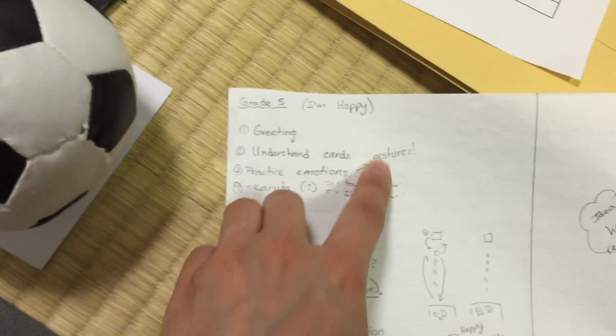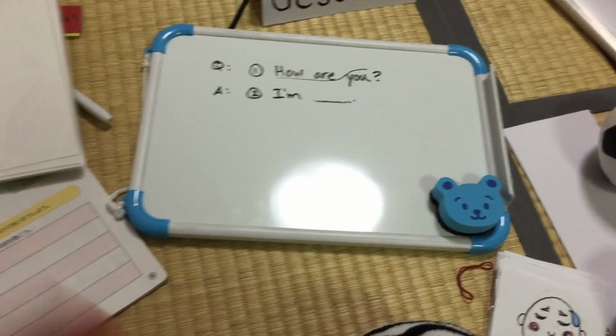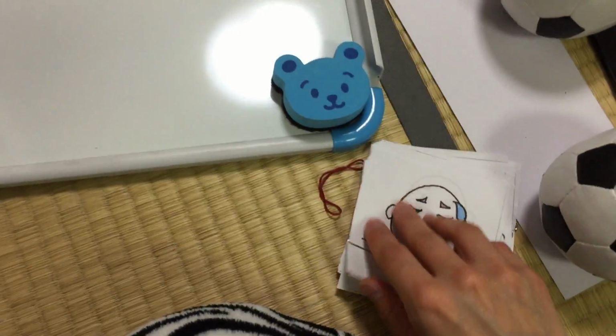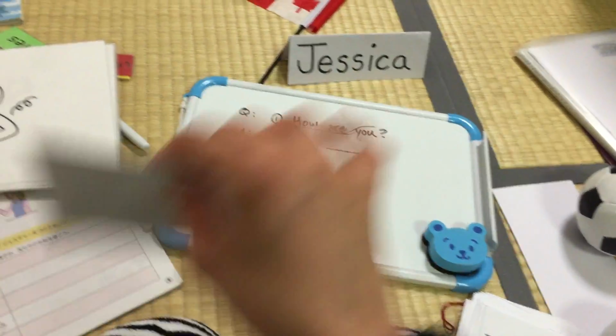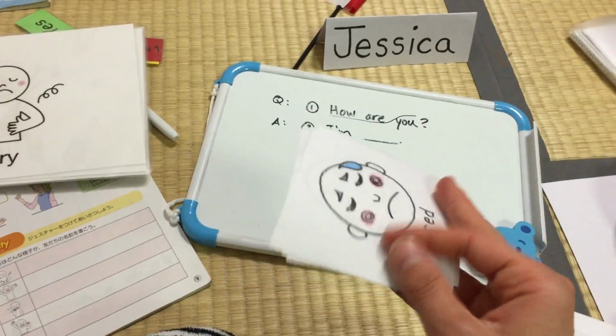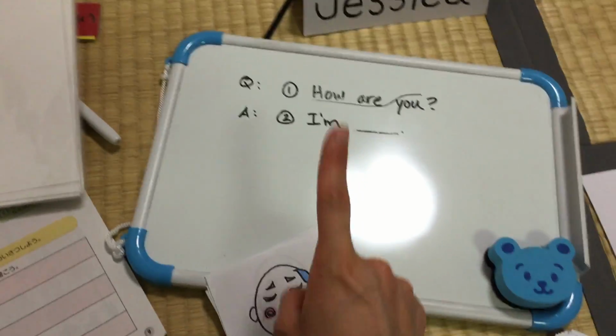After practicing the emotions with the gestures, I play karuta. Karuta is basically where students make small groups. They can make either pairs or groups of 4, groups of 3. This class in particular that I did today had 4 members to 1 group.